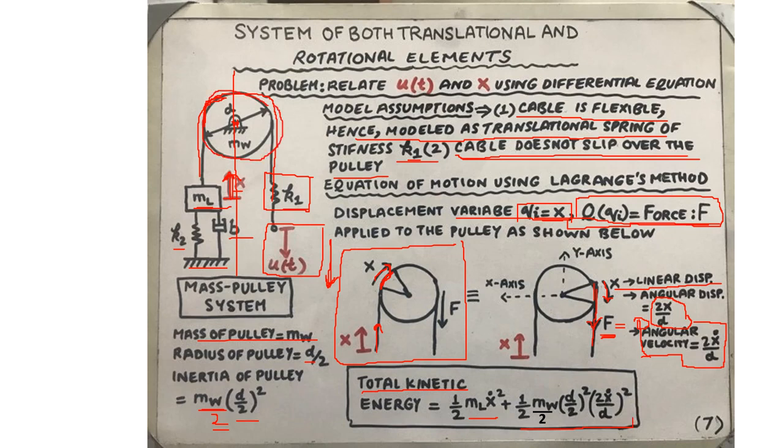And the pulley rotates about a fixed axis. Therefore, this component will be half times the mass moment of inertia of the pulley that we have already written down, mw divided by 2 times the radius square, that is d over 2 whole square, times the angular velocity, which is 2x dot divided by d whole square. This gives a complete expression for the total kinetic energy of the system.